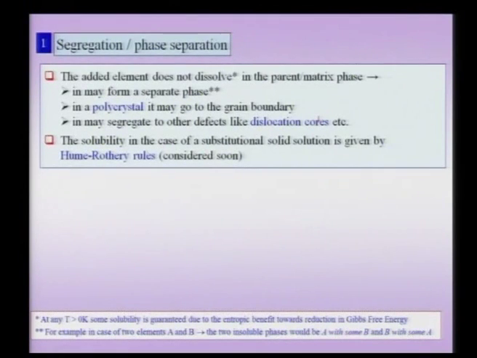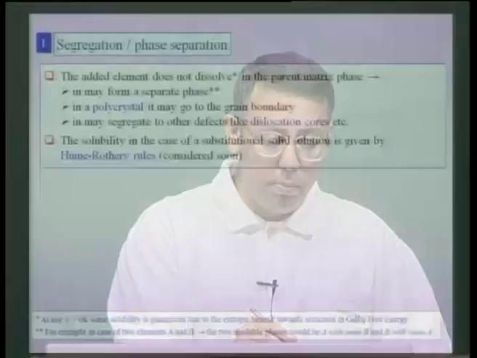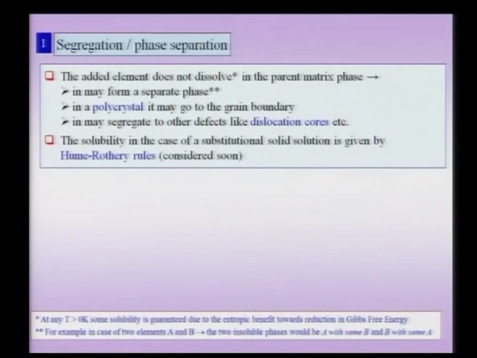For instance, when carbon sits in BCC iron, you will find an effect known as the yield drop when you do a stress strain diagram. When certain materials go and sit in the grain boundary, they can severely affect the properties of the material. To give an extreme example, when you add gallium in aluminium, it can actually go and sit on the grain boundary, and often the gallium diffuses through the grain boundary very fast and can lead to severe weakening of the crystal, and often this crystal would just separate under tension.